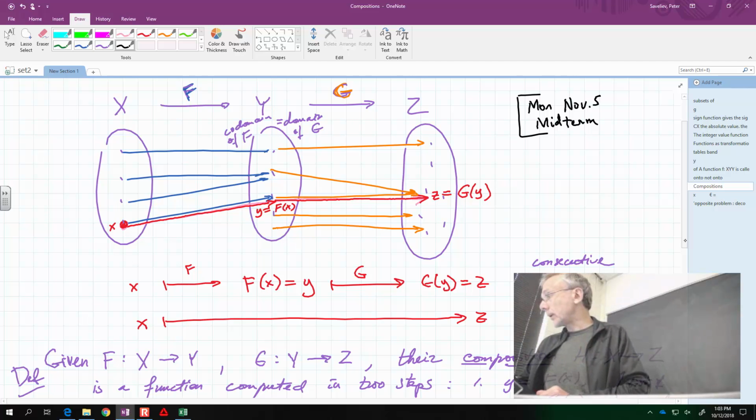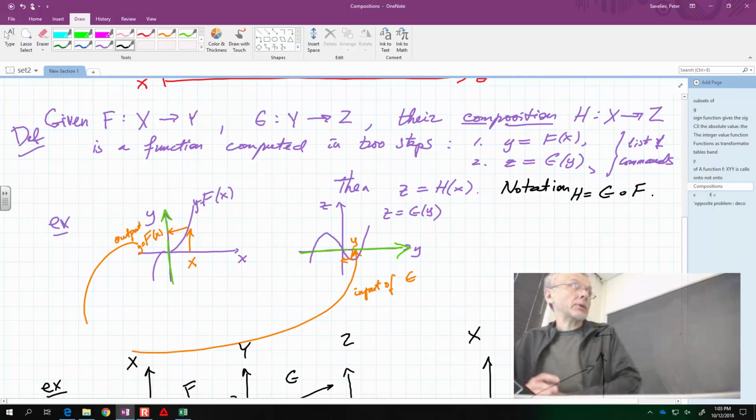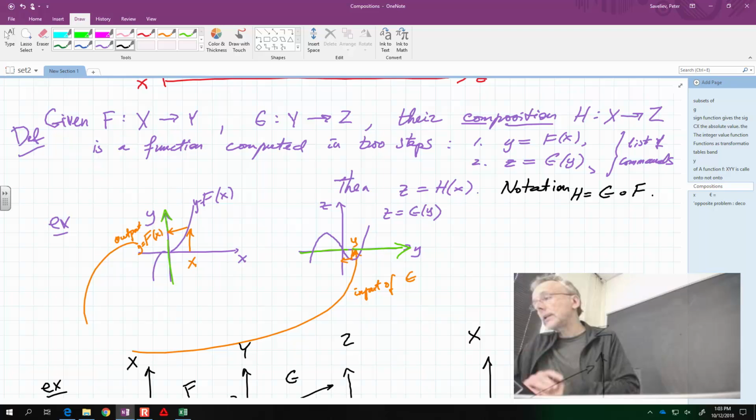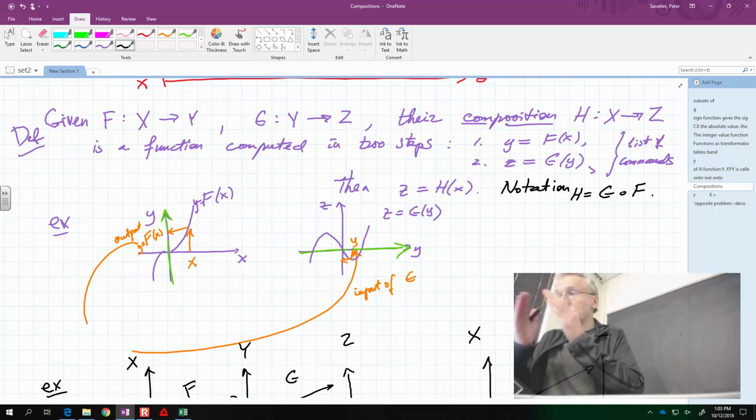The second point of view, which I find very helpful with this. So look, this is a picture of what happens if you try to carry out consecutive compositions using graphs. You will have two graphs, and you have to somehow align the output. So you'll have two axes, x and y for the first function, y and z for the second function, and then you have to somehow progress as an intermediate step, getting from the y-axis on the left to the y-axis on the right.